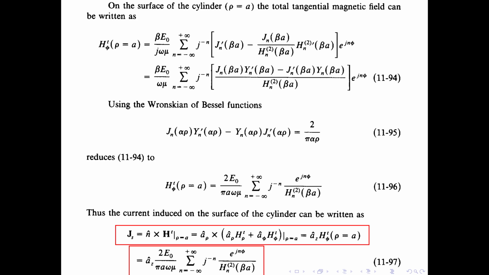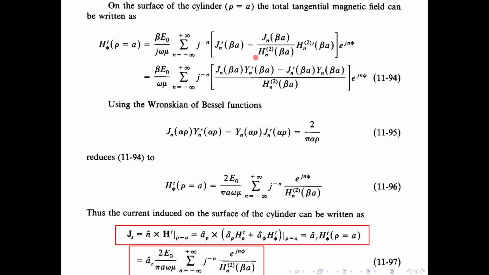The magnetic field is transverse magnetic, so it doesn't have a z component. It only has rho and phi components. The rho component is perpendicular to the cylindrical surface, so it is the phi component which is tangent to the surface. So we set the boundary condition for the phi component, that is the current is the tangent component of the magnetic field, but now the current is oriented along the z direction.